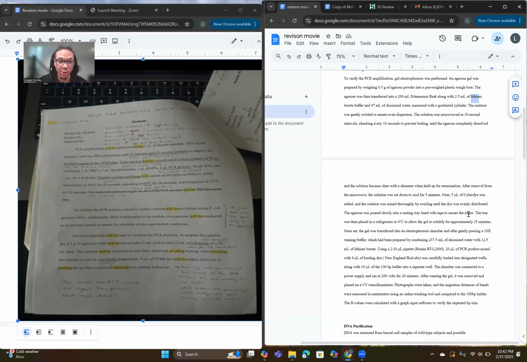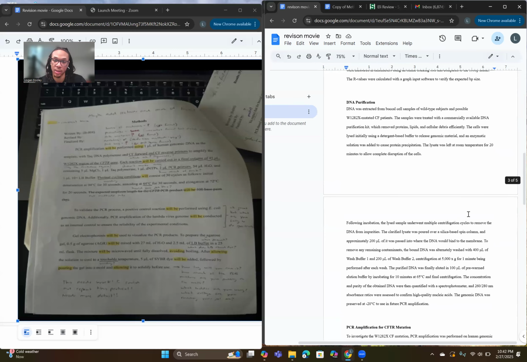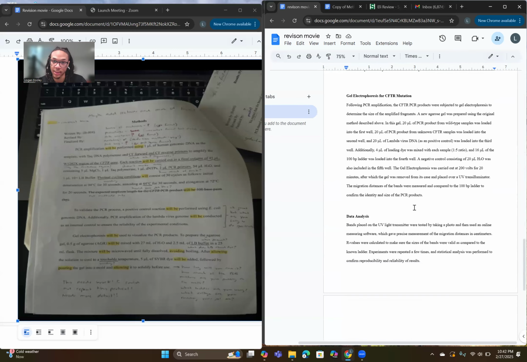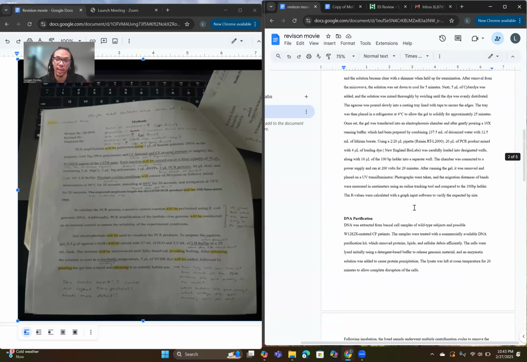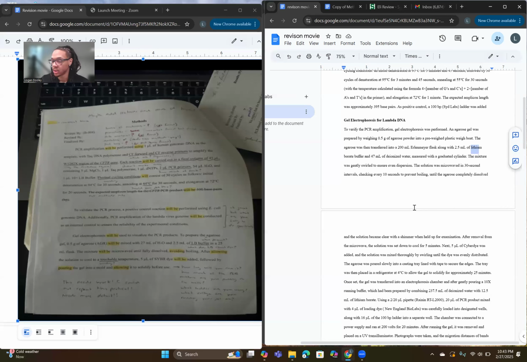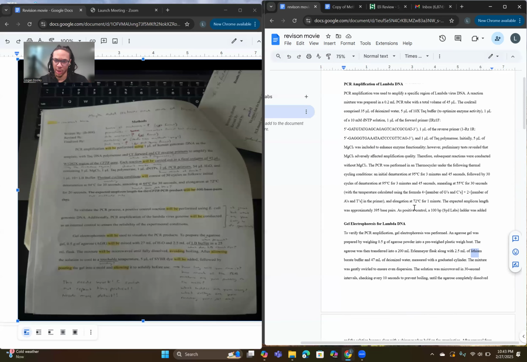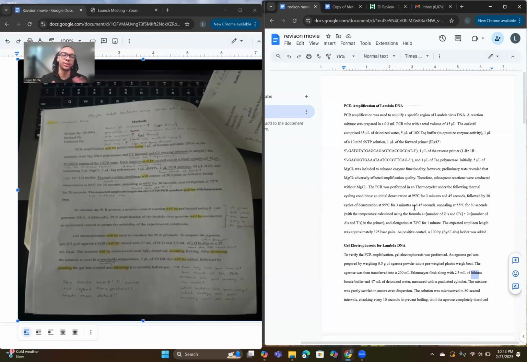It has procedure and data analysis. So we have our data analysis and then our whole procedure that should be repeatable. And then also it has narrative. It has the same narrative, and I omitted certain words and language to make sure that it was past tense.